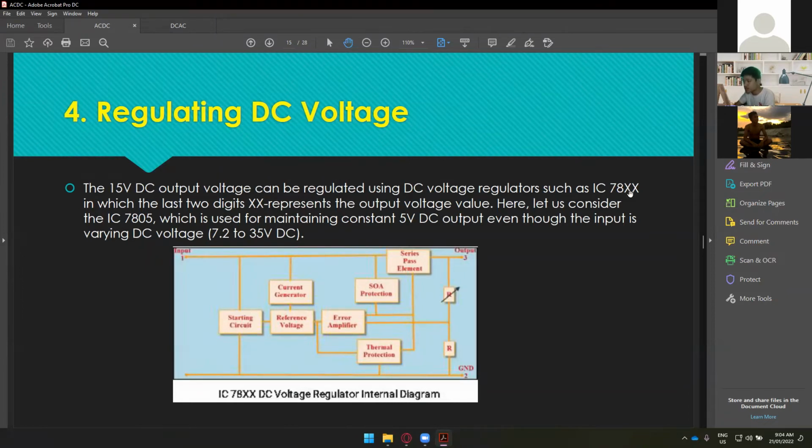If you need 12, then change this into 7812, and you have to buy that specific IC. If you need 24 volts DC output, buy the specific IC 7824, depending on the system that you'll be needing. So here, let us consider the IC7805. It's already obvious.